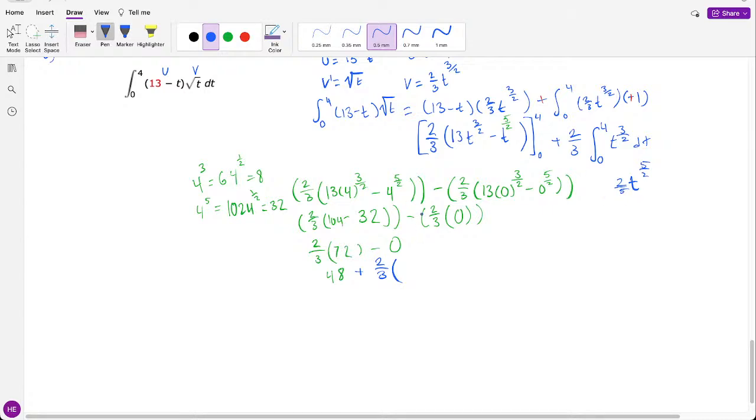Okay, and then I think we need to do the same thing we did here, right? I think I'm just going to divide out the 2/3 and keep it on the outside for this one. So we'll have 4 first. So 2/5 times 4 to the 5 halves minus, and then the other one's 0.